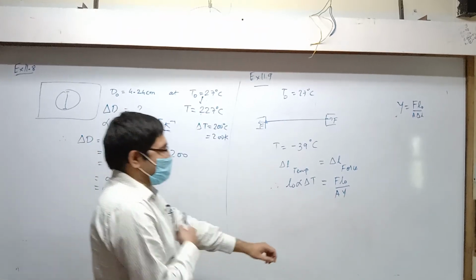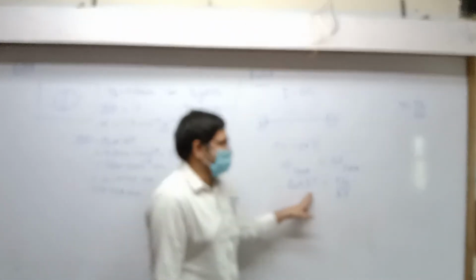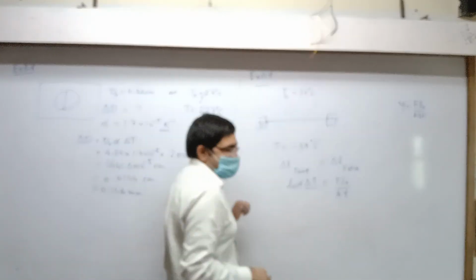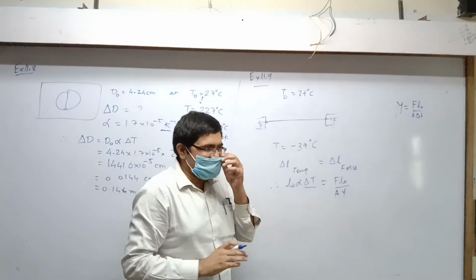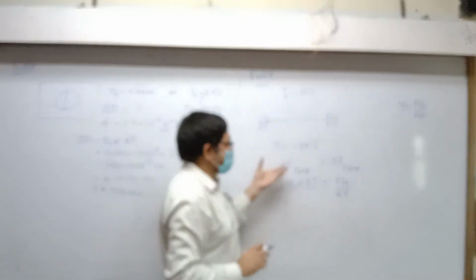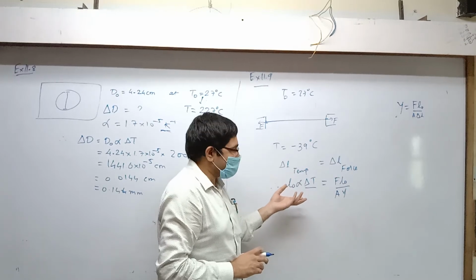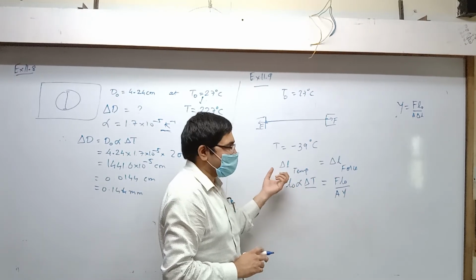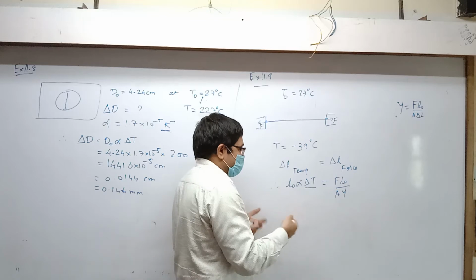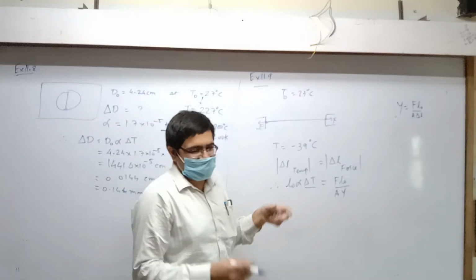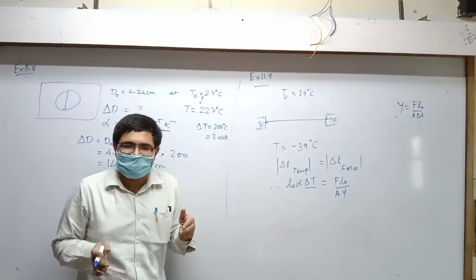When you write delta T, final minus initial, you get delta T as negative. There's nothing to worry about. What that really means is the length is decreasing. We know that the length is decreasing, so if you want to avoid that, you can already put a modulus here, so we are always going to get a positive value.